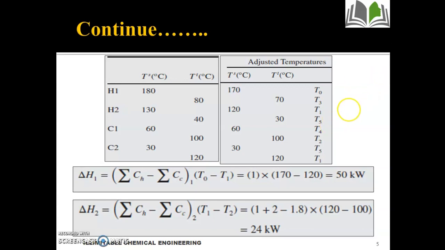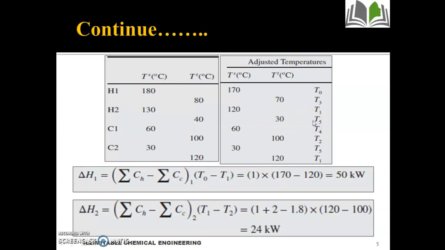Now the third one, T2, is 100 degrees Celsius. Next is 70 degrees Celsius, that is T3. T4 is 60 degrees Celsius. Similarly, the next temperature is 30 degrees Celsius, so that is T5.